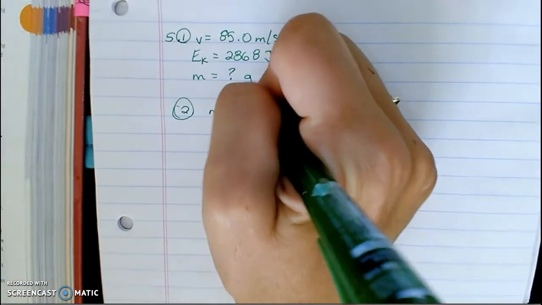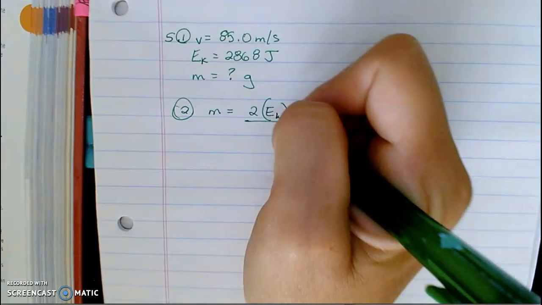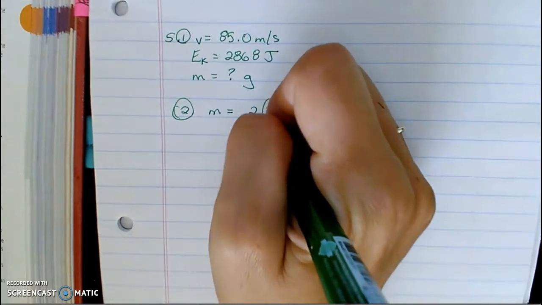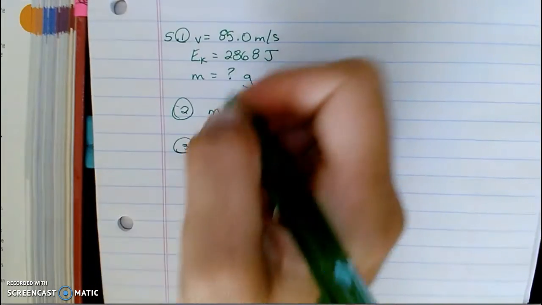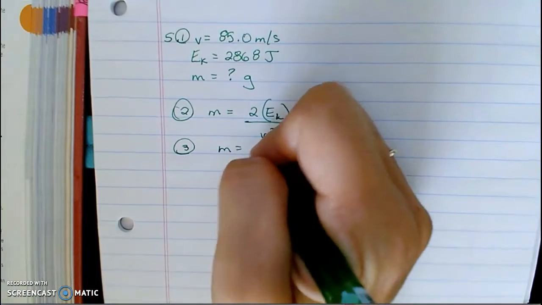Mass is 2. Okay, and you might be tempted to just punch it in your calculator, but it's so important to write out all these steps.